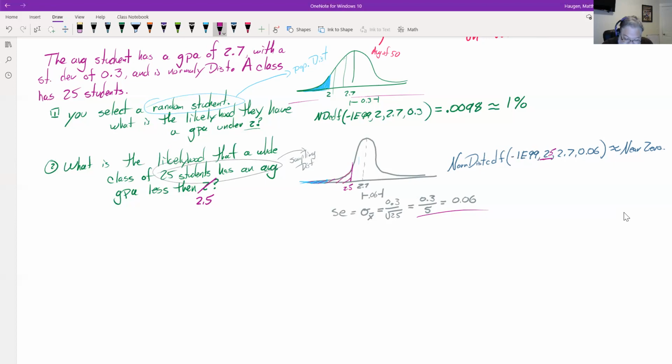I mean, 0.6, that's still more than 3, but less than 4 standard errors. So it's still going to be pretty small. What is it with the 2.5? I got 4.29 e to the -4.